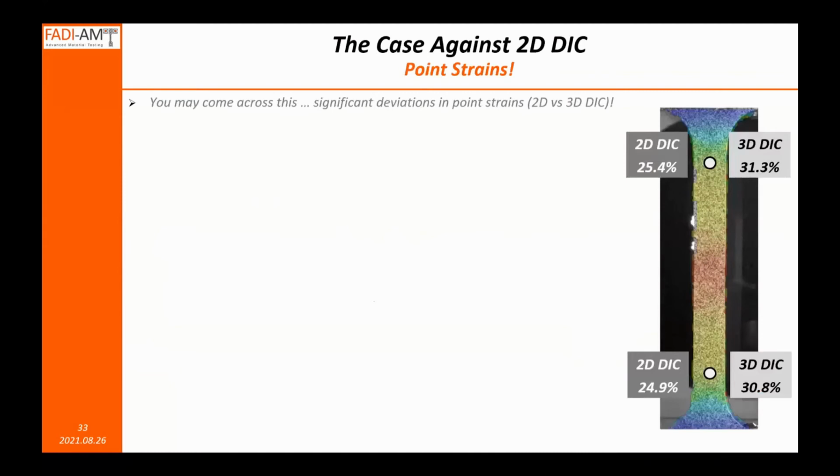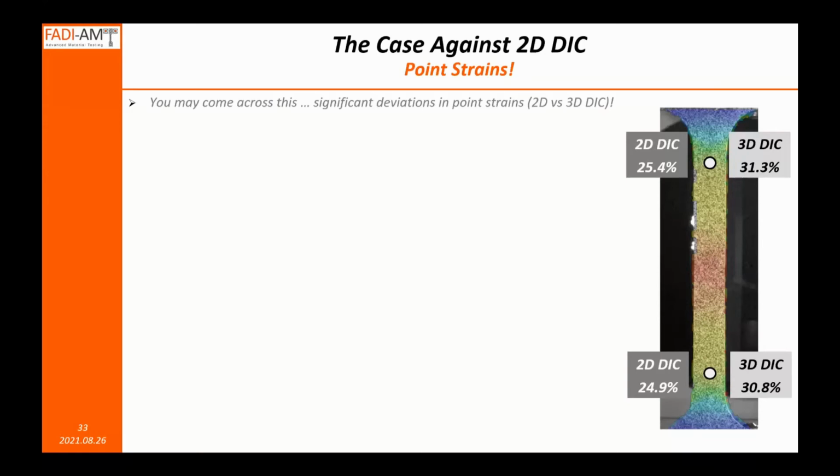Last point here is point strains. This is something we see a lot. When people try to show how bad 2D DIC is, you typically see something like this. And I don't actually have data to show from other presentations. So what I did is I took a tension sample, and this is something close to what you would see out there. They would show, for example, a deforming object and maybe a point here or a point there, and they would show the amount of strain at this point based on 2D DIC and then based on 3D DIC.